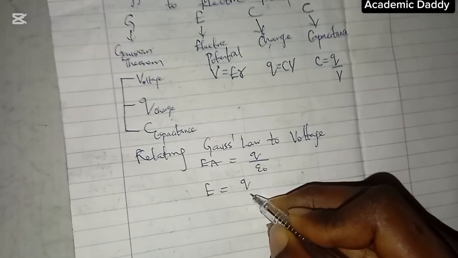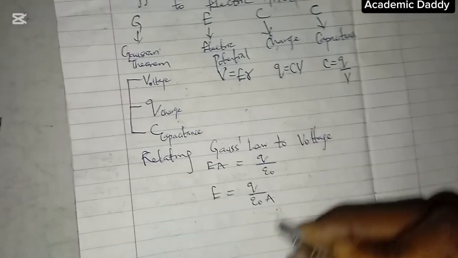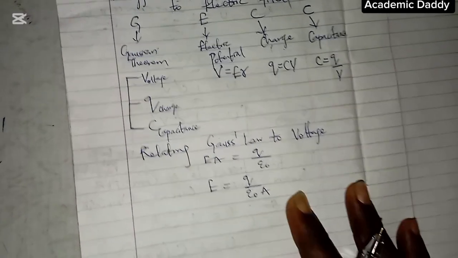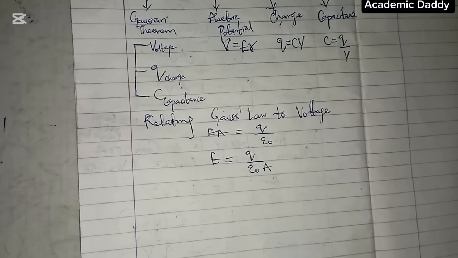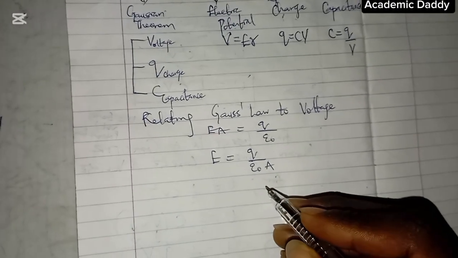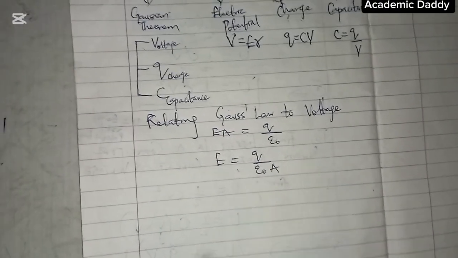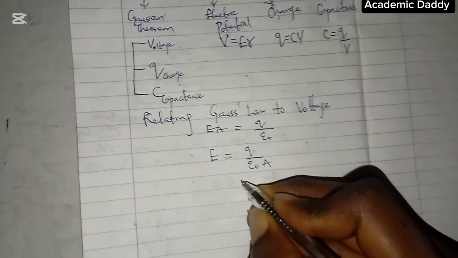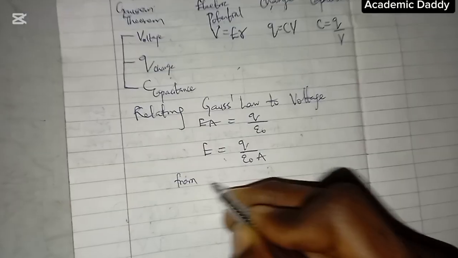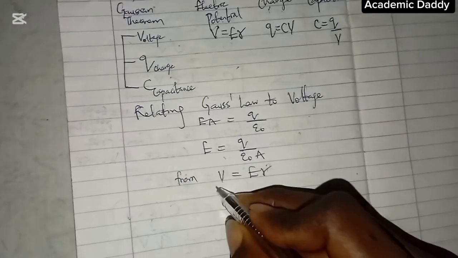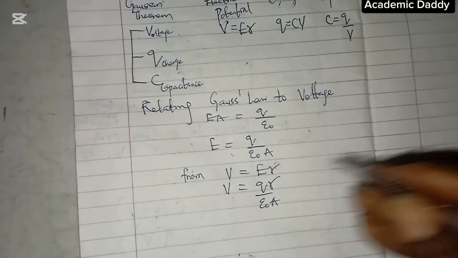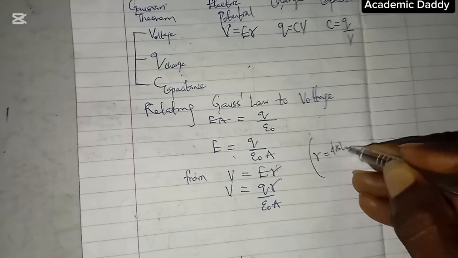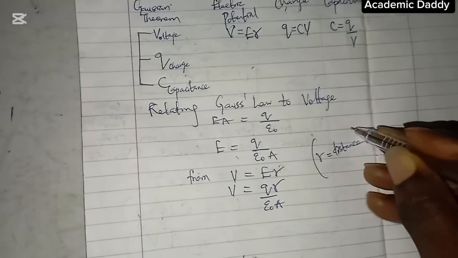And I know that E equals Q over E naught A. If I'm relating this to V, from V equals ER, I can now say V equals, putting everything for E here, Q over E naught A times R. R equals distance. Some people use D, but I like using R for my distance.